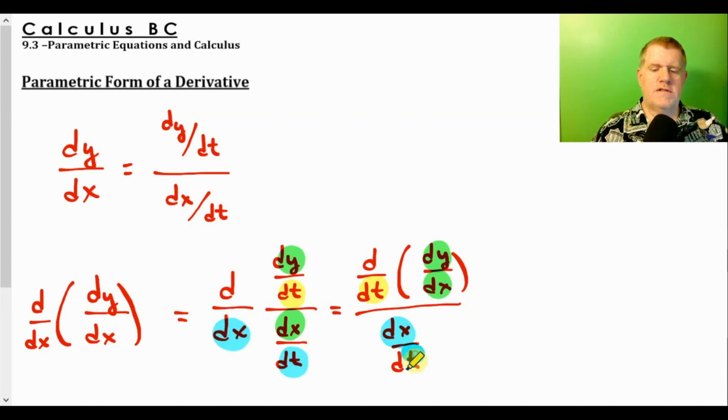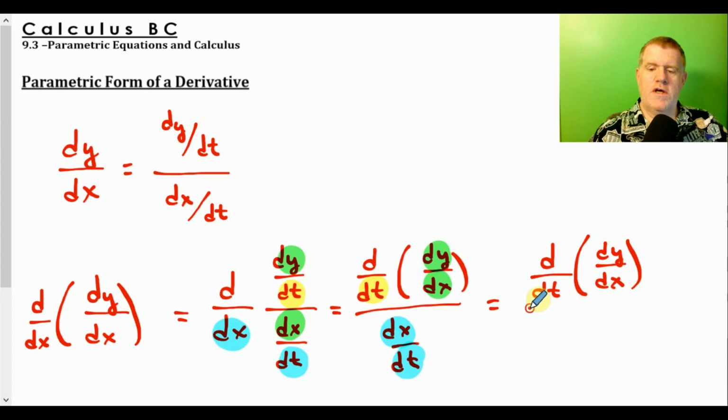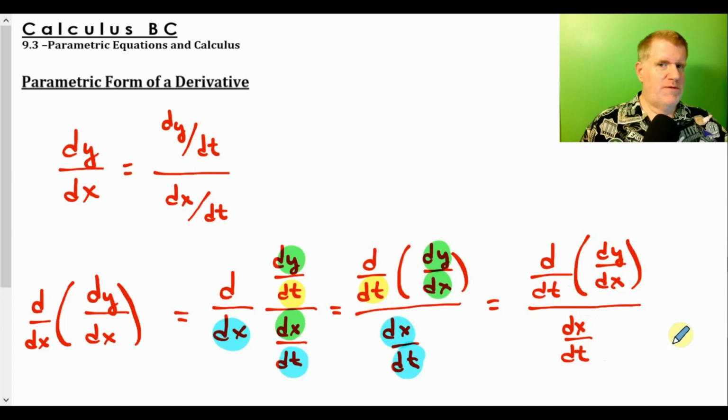So to find a second derivative, we take the derivative with respect to t of dy dx, which is what we did over here, over dx dt. Let's see how that's used, and maybe it'll make more sense.